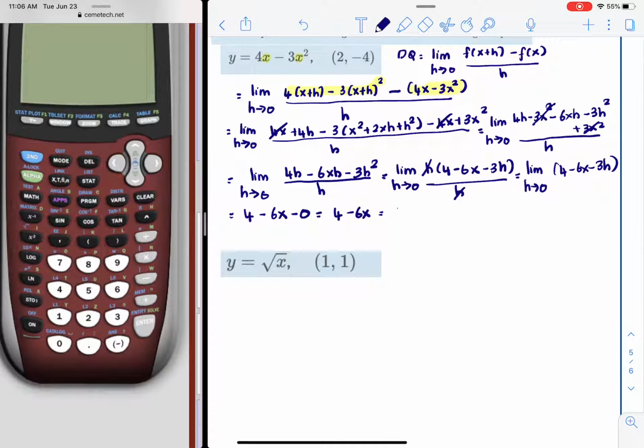That is the limit as h approaches 0 of the difference quotient of f of x. And that is simply the slope of the tangent line.